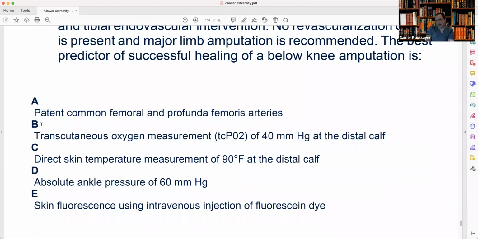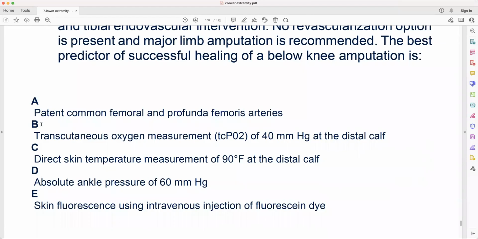The common femoral and profunda is enough for above knee, but below the knee it's not. But again, you can't depend on arterial angiogram. You have to see TCBO2. In general, for below the knee, you need the SFA to be open already. Profunda and femoral is good for above knee. But this is in general, and to be more specific, you have to do TCBO2.